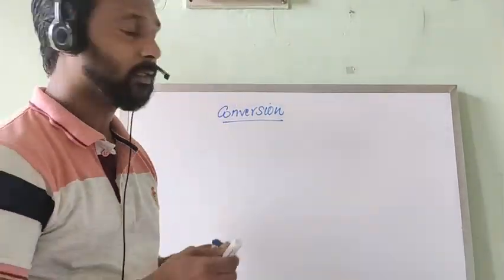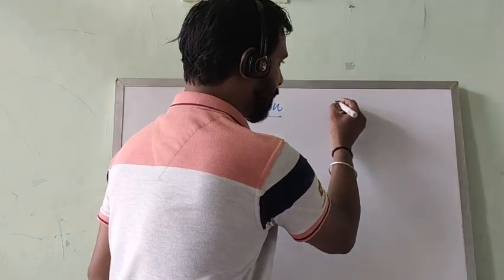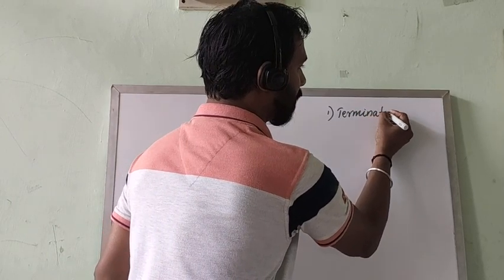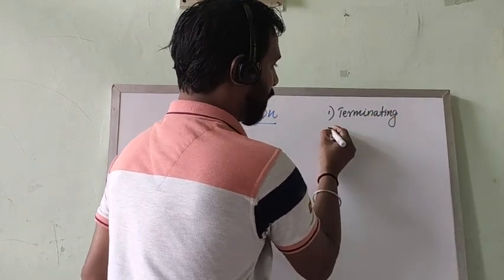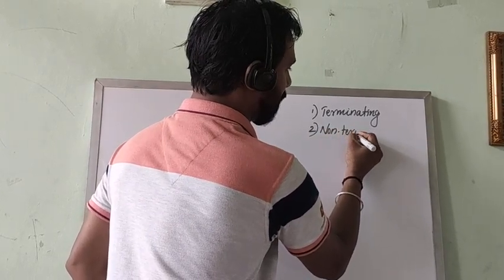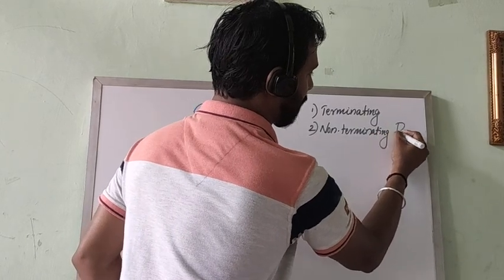Yesterday what we saw was the types of decimals, and you might remember there were three types of decimals. What were they? First was terminating, second was non-terminating but repeating, right?